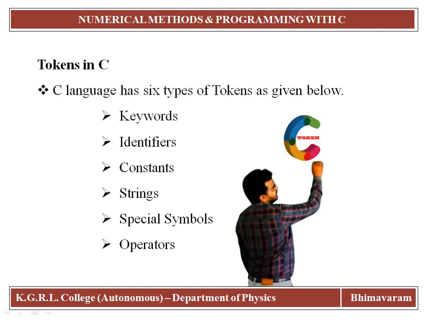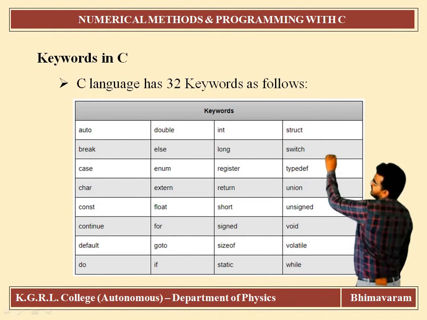So what are keywords in C? Keywords are those words which have special meaning for the compiler. A keyword is a reserved word. You cannot use it as a variable name, constant name, etc. There are only 32 reserved words, that means keywords, in the C language. A list of 32 keywords in C language is given below.